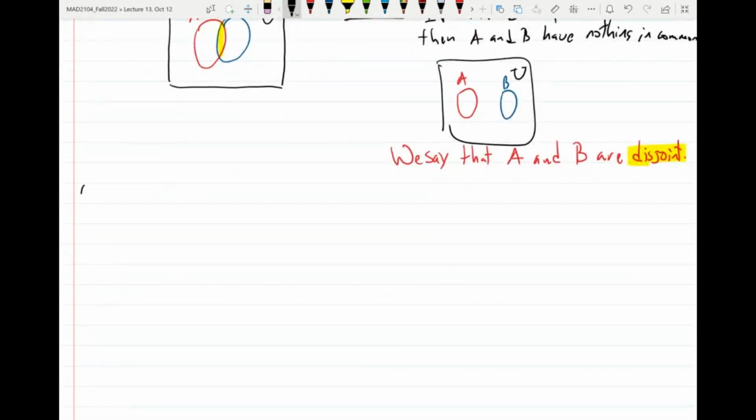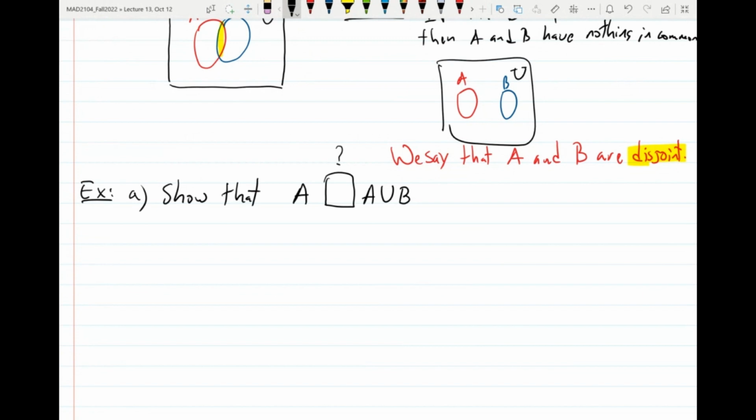So here's an example for you to try. So first, show that, let's see, what do you think? If I have the set A and I have the set A union B, what do you think I should write in between? What do we put inside this box? What symbol makes sense to write? Among all the symbols that you know.